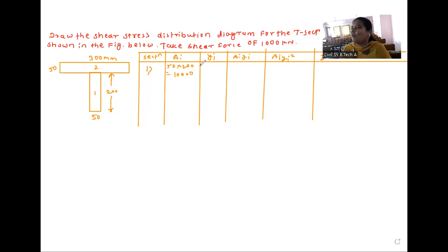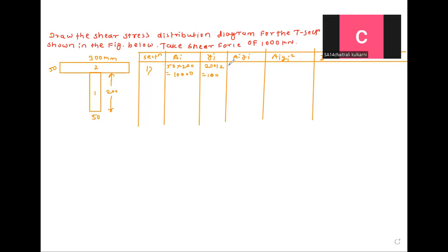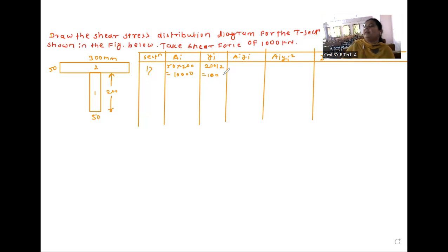which is equal to 10,000. Yi, the y bar for that particular section from the bottom, is 200 divided by 2, which is equal to 100. After that, ai yi: 10,000 into 100, that is 1 into 10 raised to 6.